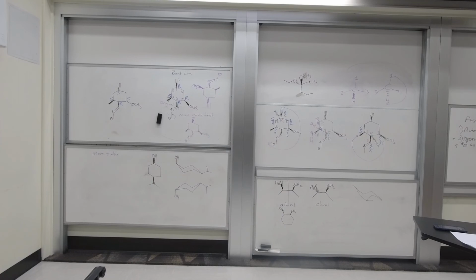The way to do that is for all 8 chiral centers in the 2 molecules, figure out R and S. If they all stay the same, it's the same molecule. If they all change, it's the enantiomer. If one changes, one stays the same, so you might only have to do two. Do two chiral centers on this molecule, two chiral centers on this molecule. If one is changed and one's different, they're diastereomers.